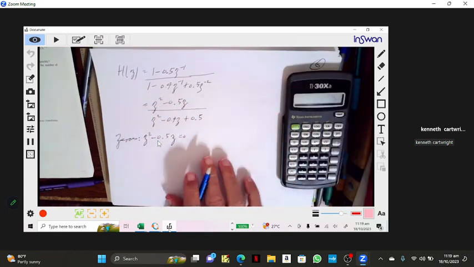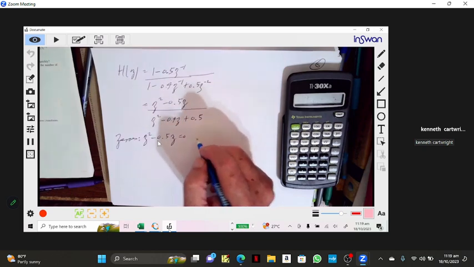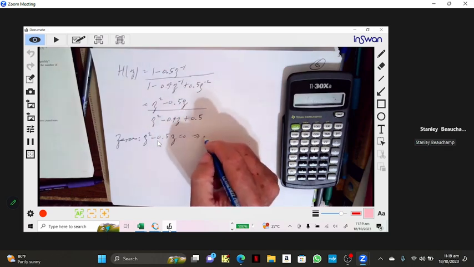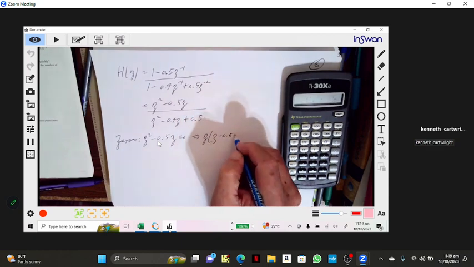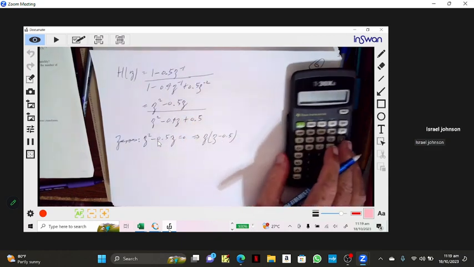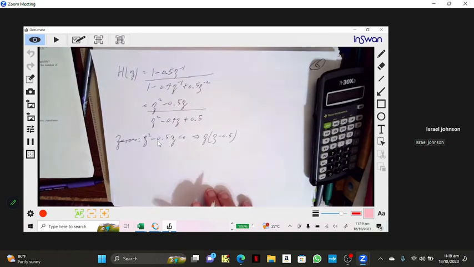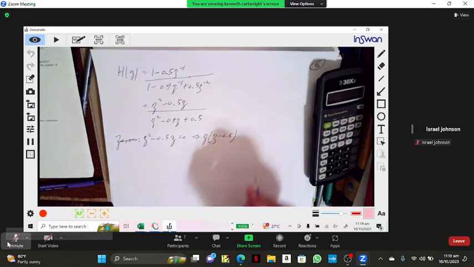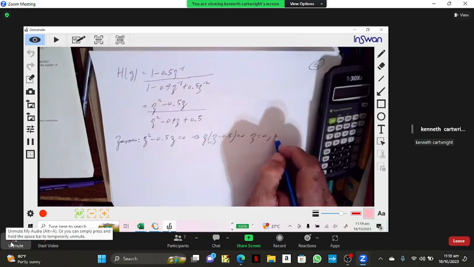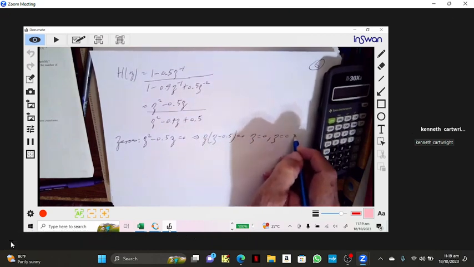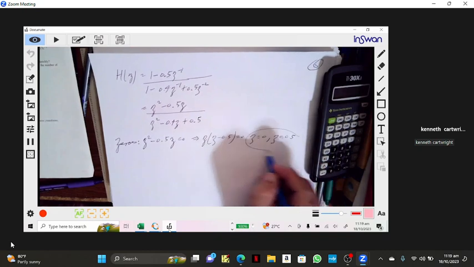To know when that is equal to 0, you have to factorize. So z equals 0 or z equals 0.5. That's where your zeros are.